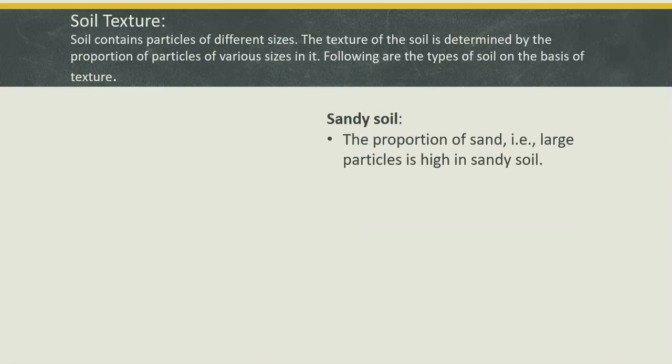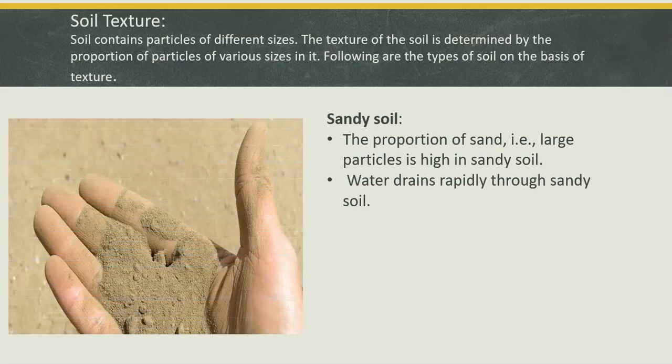The proportion of sand, that is large particles, is high in sandy soil. Water drains rapidly through sandy soil. As you can see in the picture, that particular type of soil is in a person's hand. The particles are comparatively larger compared to the other types of soil. And as seen in the previous activity, water drains rapidly through this type of soil.